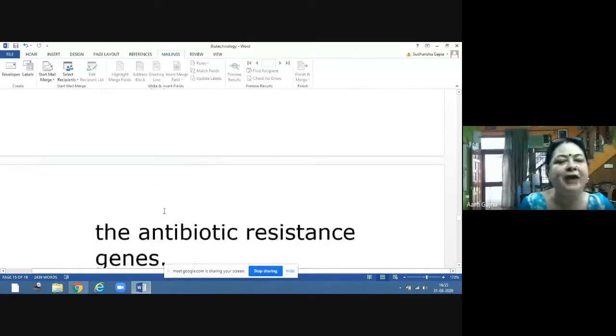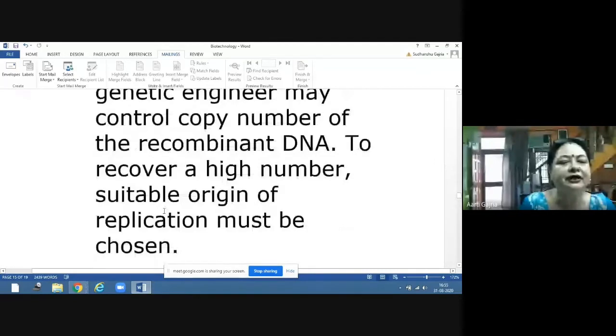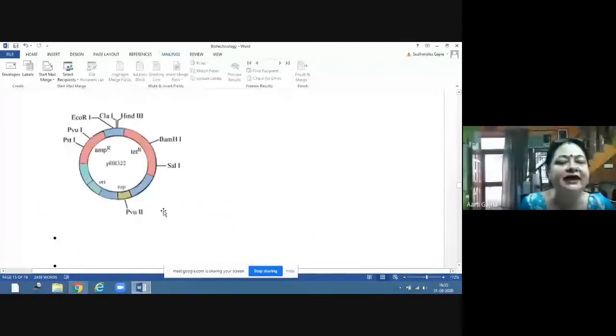Let's go back to the diagram and see. Here in this tetracycline resistance gene, the recognition site for restriction enzyme BamHI is here.